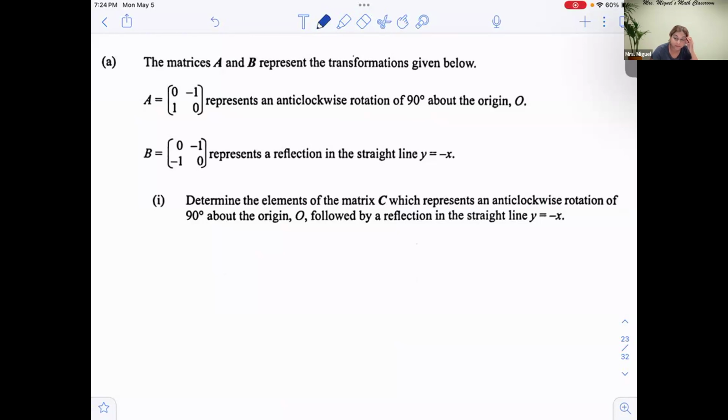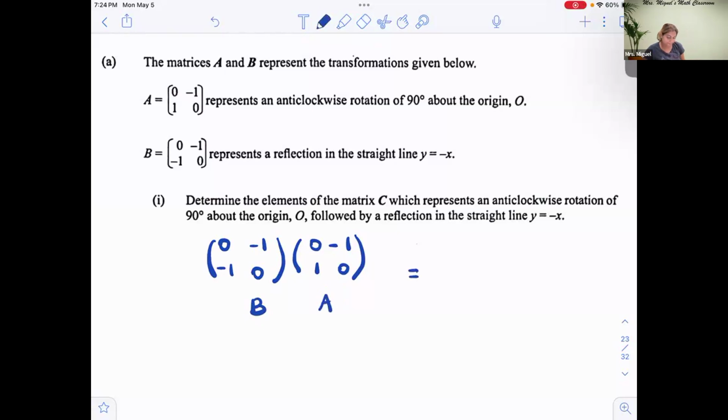So let me see, work it out. So we write in 0, -1, 1, 0. This is the 90 degrees, followed by this one coming in front, which is 0, -1, -1, 0. So it's BA again.